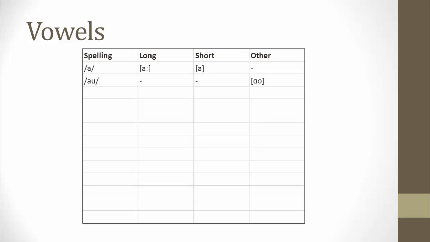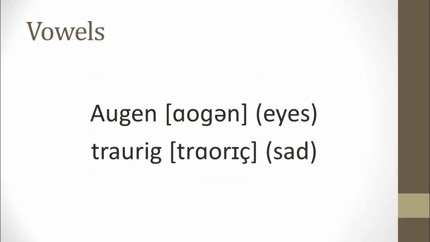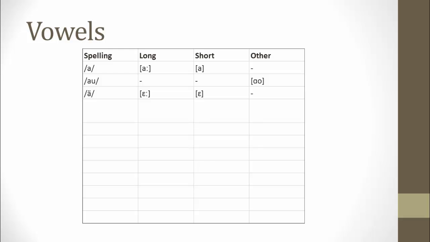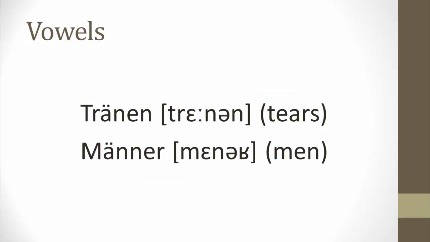For our AU spelling, Augen, traurig. For our A umlaut, we have Tränen, Männer.